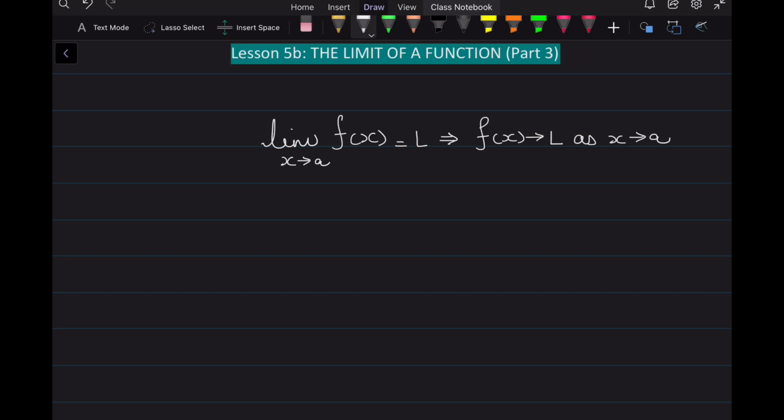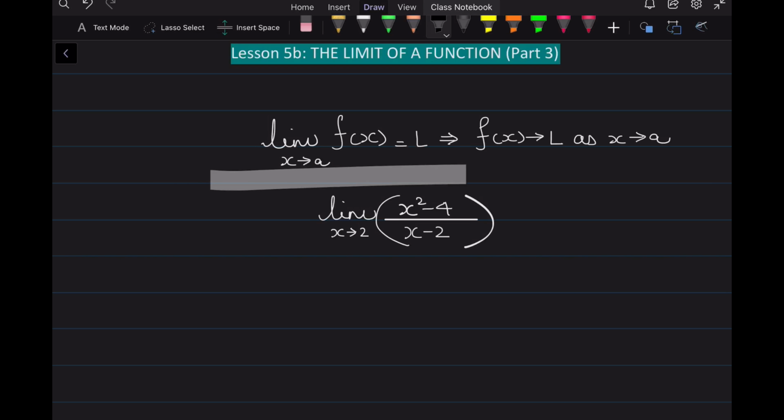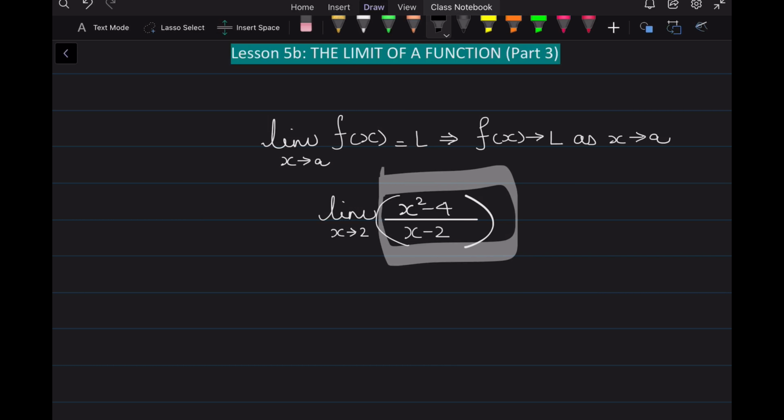So let's say we have to determine the limit of a function given by x squared minus 4 over x minus 2 as x approaches 2. Now after having this discussion, we know that in order to find this limit, we have to study the behavior of this function for the values of x near the number 2.